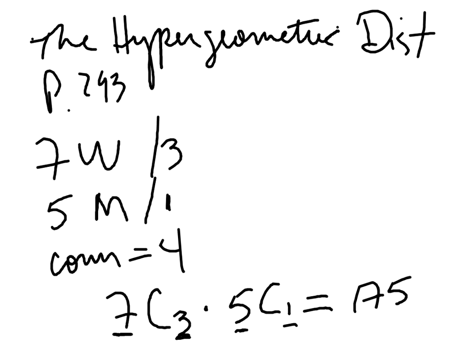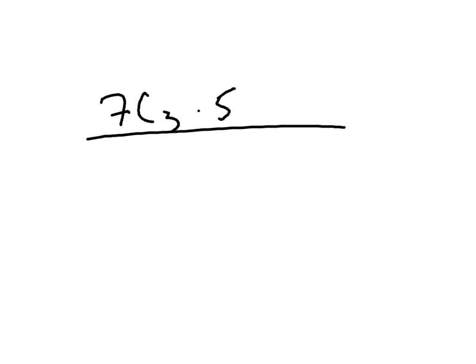And again, we've seen this before. We already know that our numerator is 7 combination 3 times 5 combination 1. Look at what they get for the denominator at the top of the next page, which is 294. They get 12 combination 4.